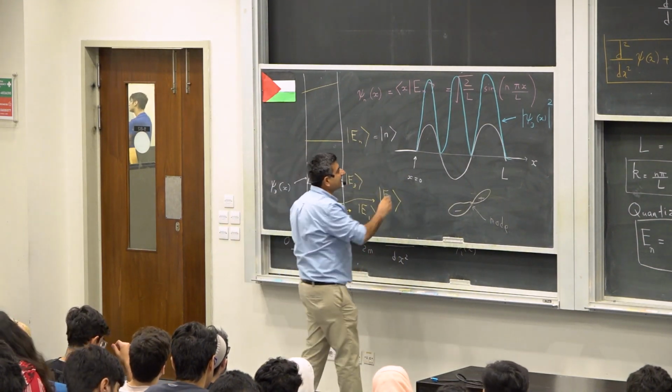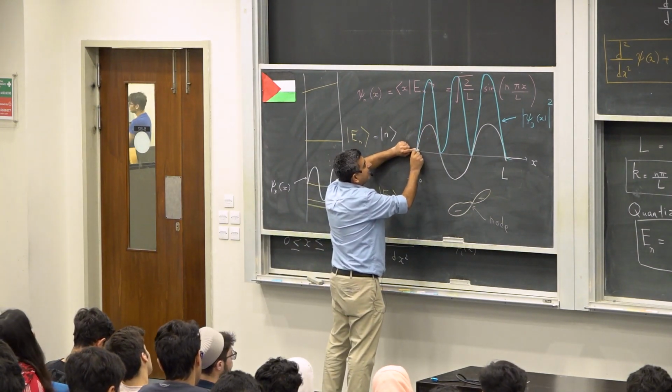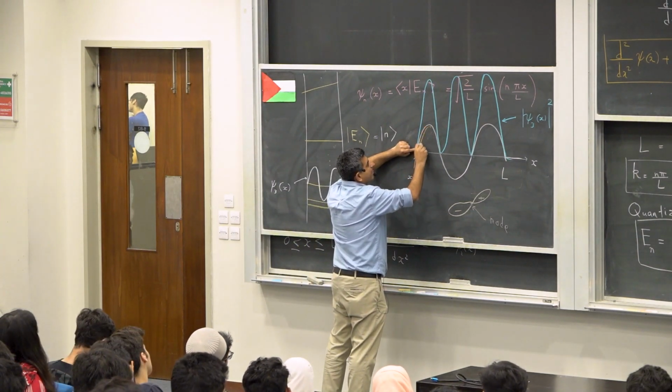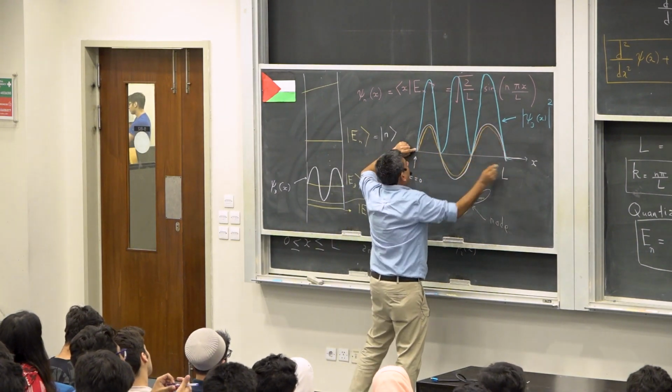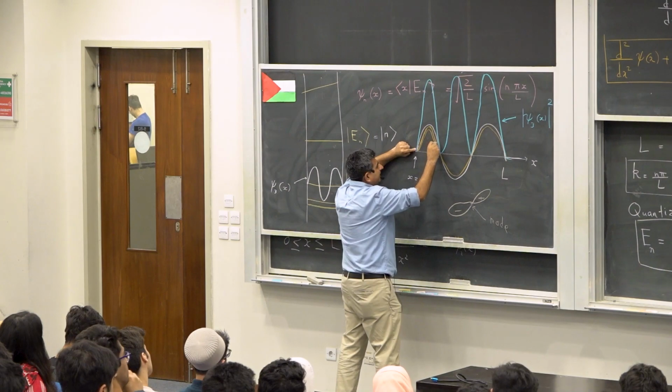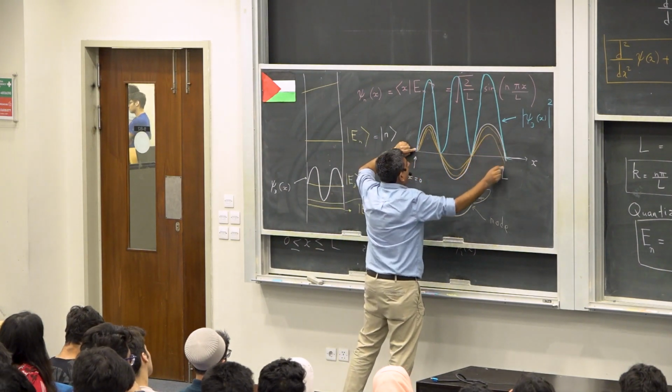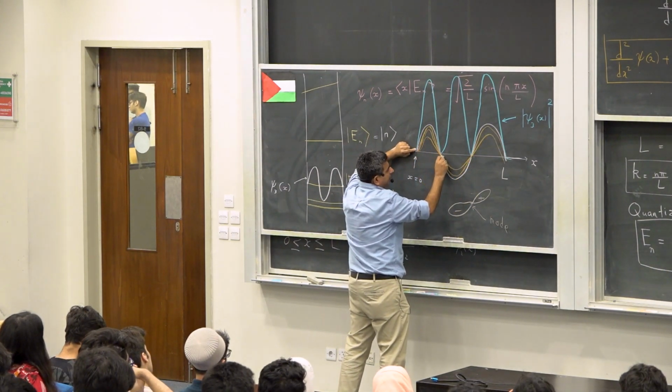What happens is that at some point this function is like this, at some other point the function becomes this, then at some later time it becomes this.